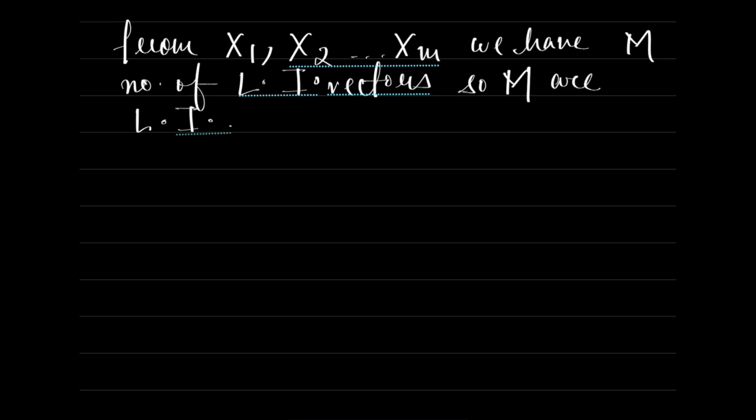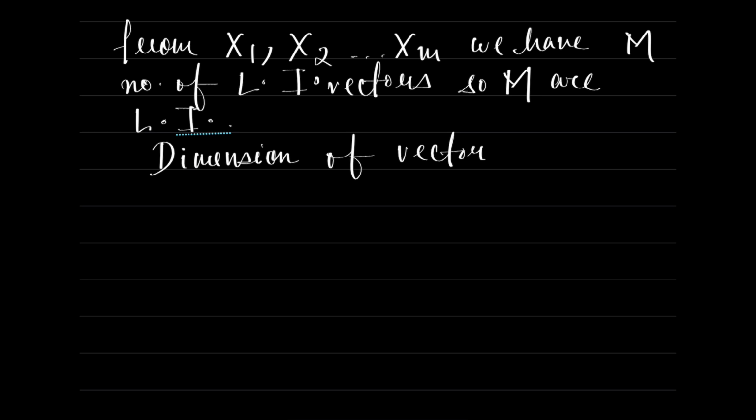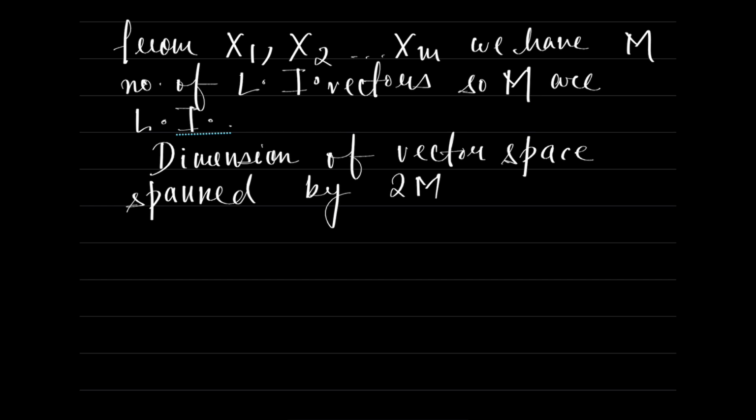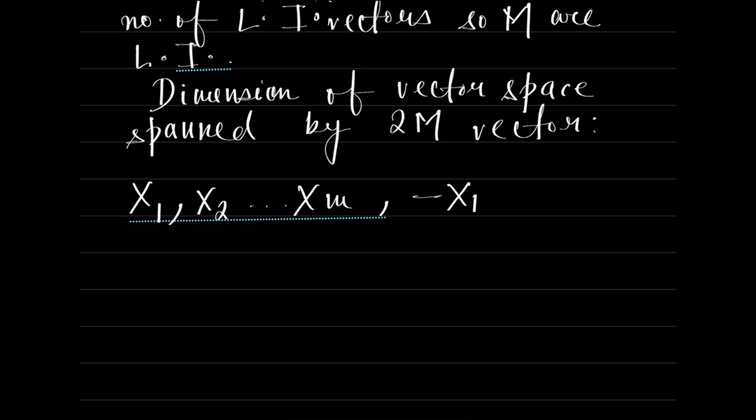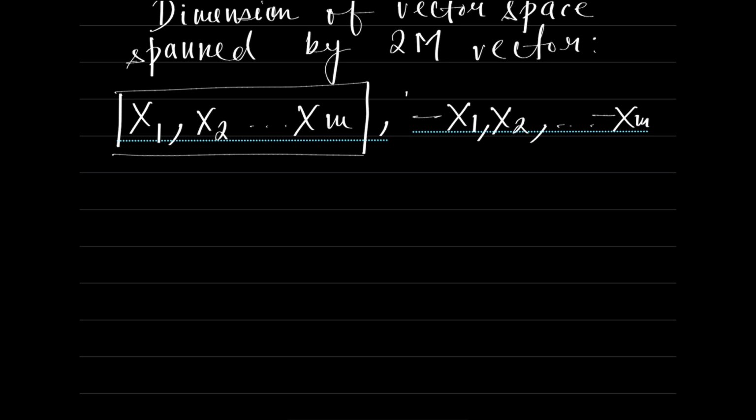As the problem has asked the dimension of the vector space spanned by 2m vectors. So we have 2m vectors as x1, x2 up to xm and minus x1, minus x2 up to minus xm. Take these vectors separately.